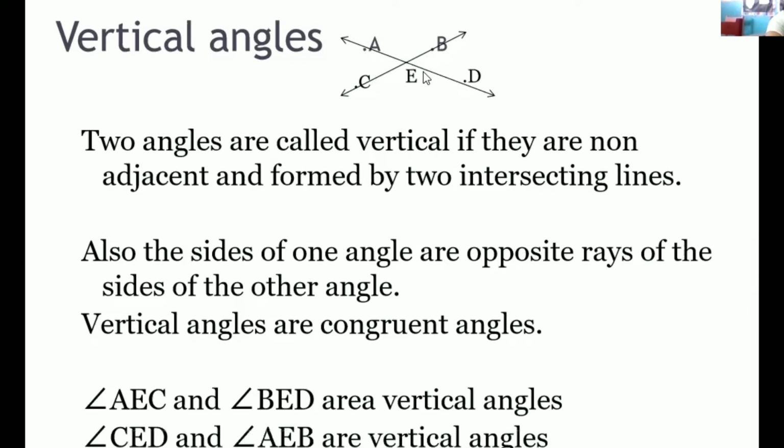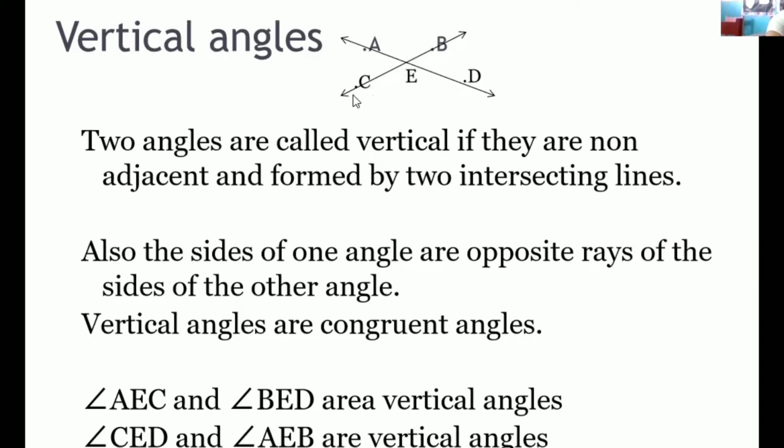What are their opposite rays? The opposite rays are ray EA and ray ED. We also have angle CED and angle AEB.